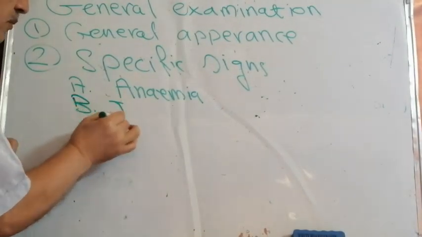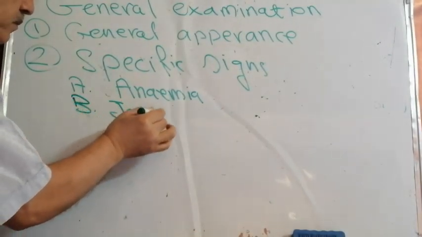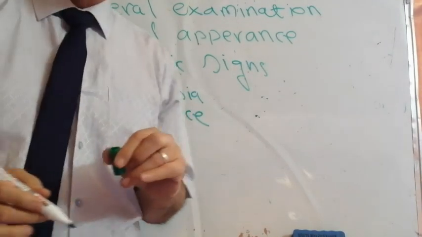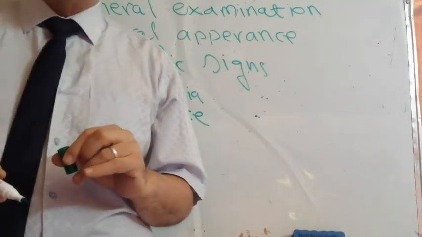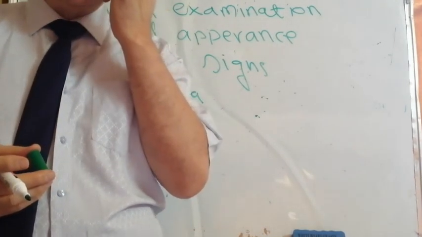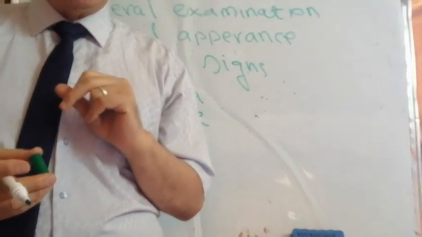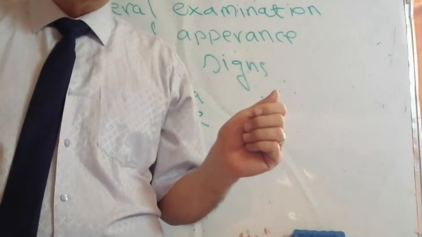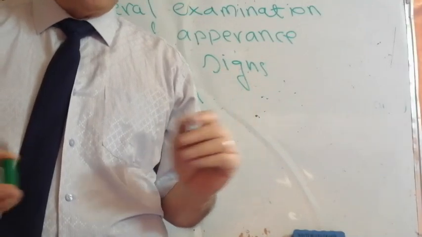B, jaundice. Jaundice is yellowish discoloration of the skin and the mucous membrane. You should look for jaundice in the sclera of the eye, and examine the patient in daylight.